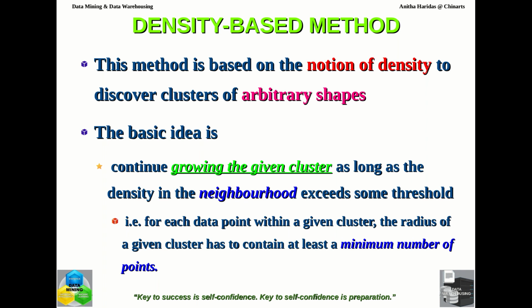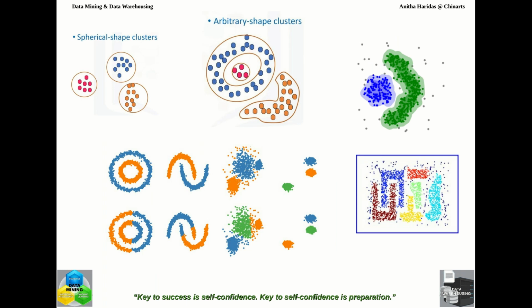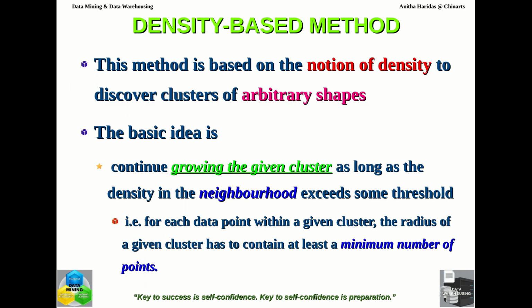Say for example, we may start with this particular data point. Continuously you will grow the clusters. You check whether the neighbors of this particular data point is very closer based on a particular neighborhood threshold.